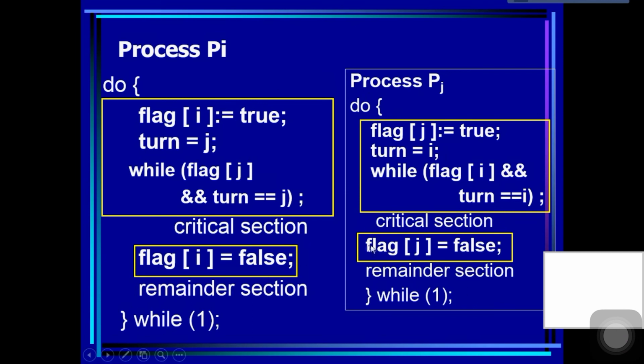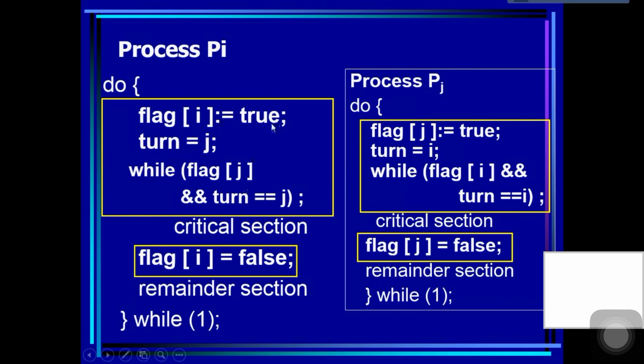How about bounded waiting? If processes Pi and Pj want to enter their critical section at the same time, then both of them will wait at the while statement. Just now we said turn can only equal one value at any time.